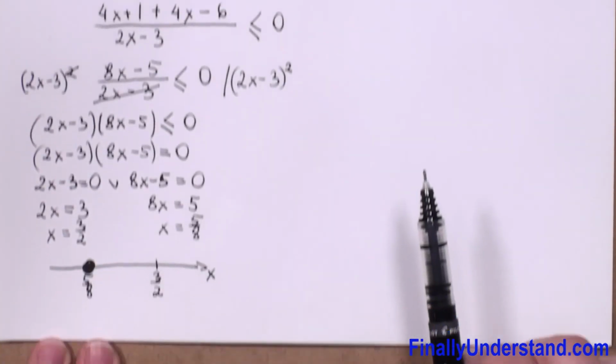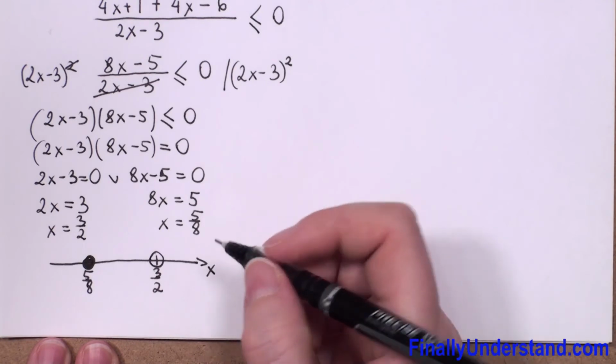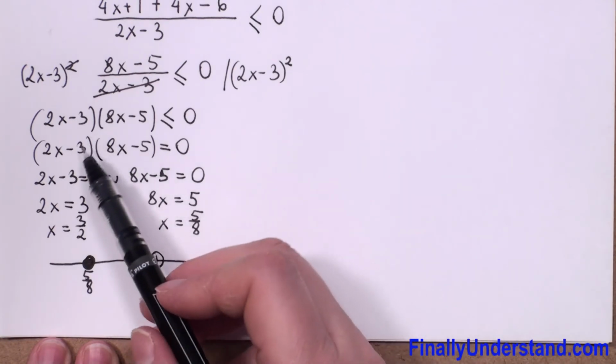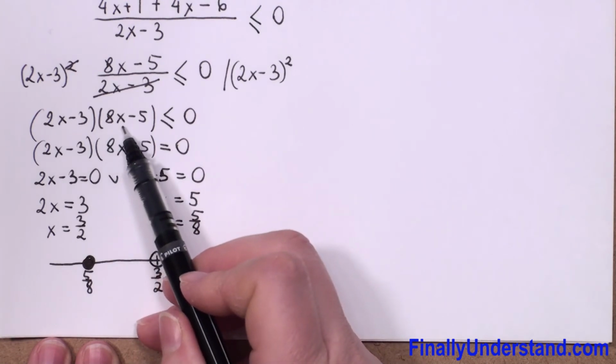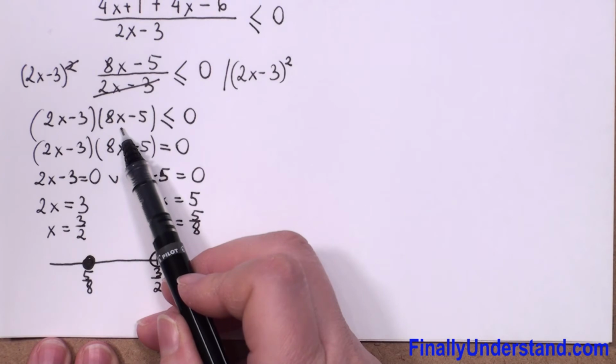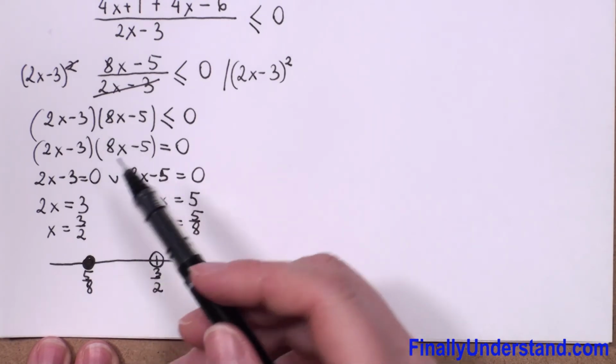It means our 3 over 2 will be not included. And because we have quadratic inequality, because 2x times 8x will be 16x squared, the coefficient before x squared is 16, a positive number.